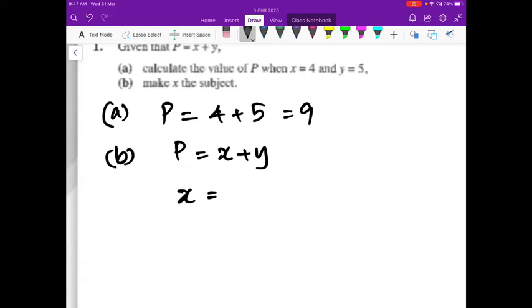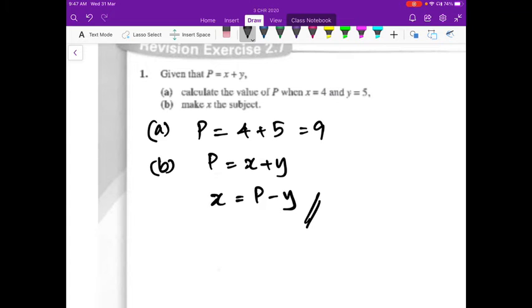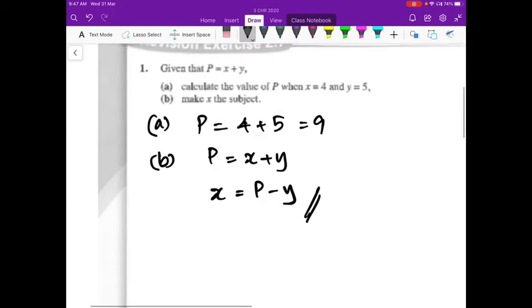What do you say? Louder. I think you're correct. What do you say? P minus y. Yes, correct. x is the same as P minus y. Just take away y on both sides and you're done. That is making x the subject. But this is too easy. You won't see this during your N-levels. It will be a bit harder.